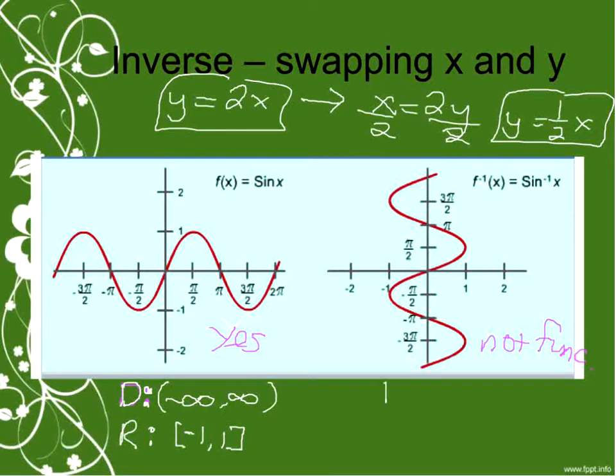Over here on the right, let's do domain and range for the inverse. So my domain, what's your x value on the inverse? You might be seeing a pattern here. What are your x values? What are your side-to-side values? From where to where? -1 to 1, including both of those numbers.